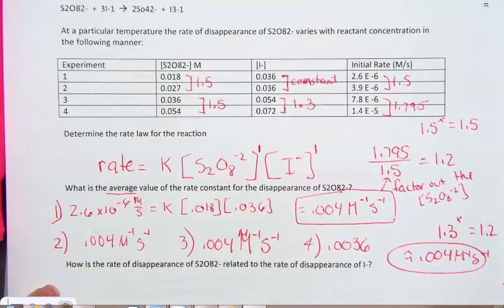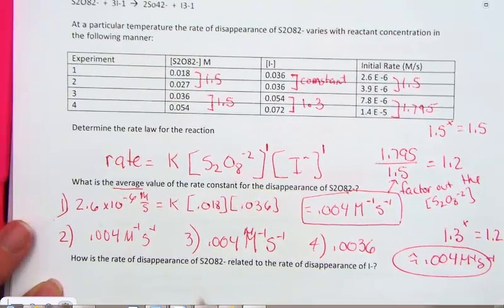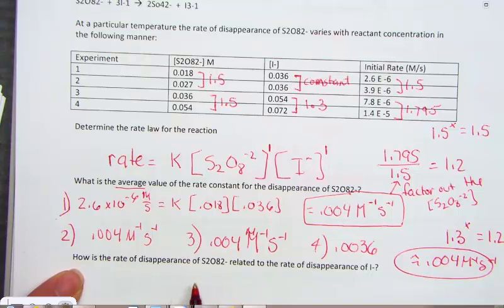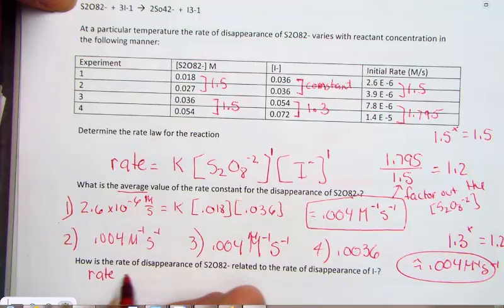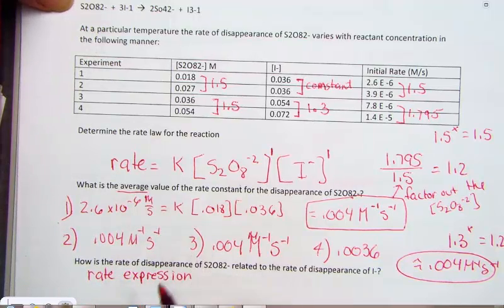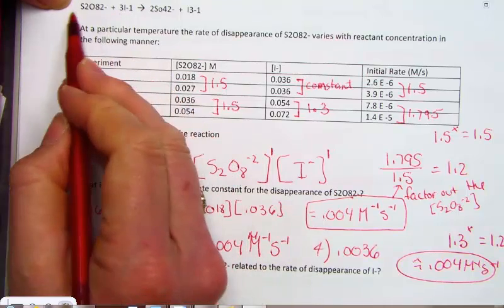So let's use that rate constant, 0.004, to calculate the rate of disappearance. How is the rate of disappearance of the reactants related? This is going to come back to lesson 1, where we talked about a rate expression. That's the stoichiometry part.